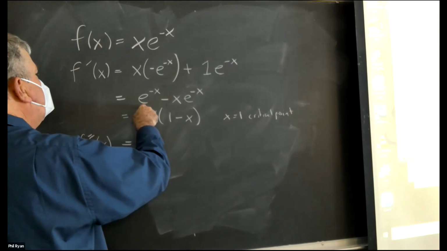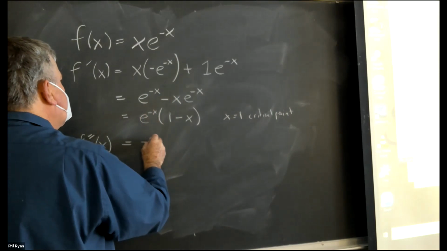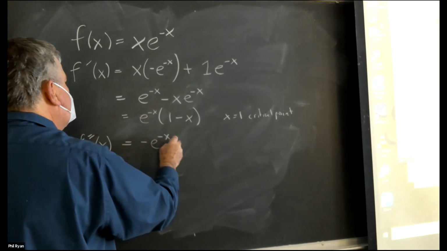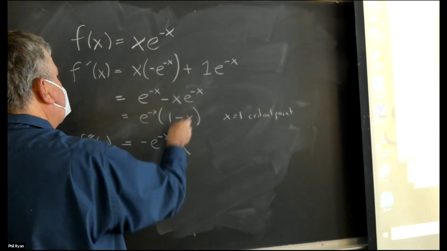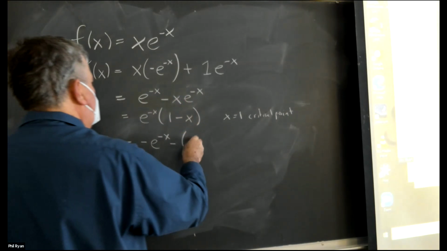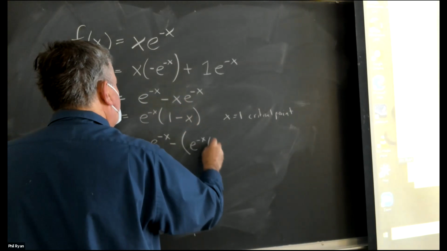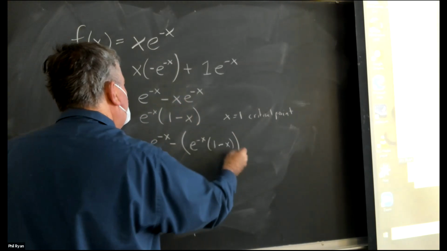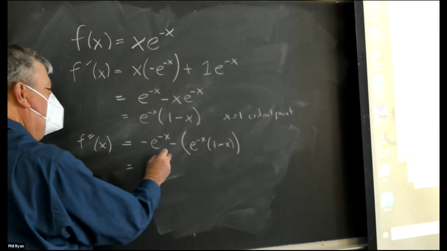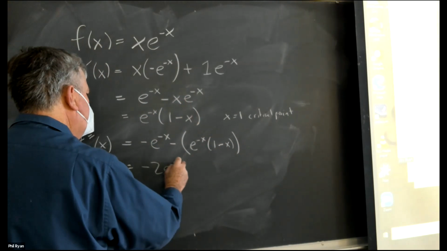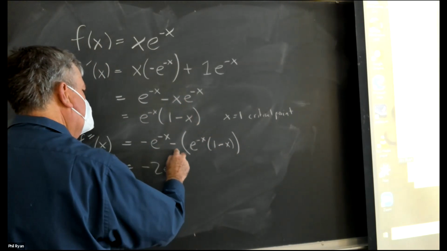Derivative of e to the minus x is minus e to the minus x, minus, now the derivative of x times e to the minus x, well, we just did that here. And so we multiply it out, so we get minus 2e to the minus x.